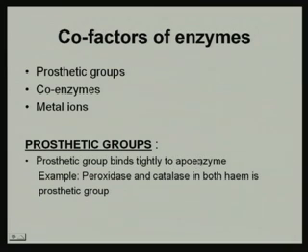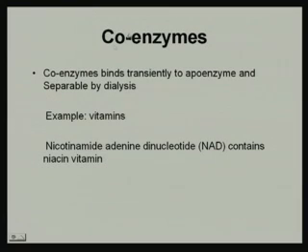Apoenzyme means the proteinaceous part of the enzyme. Coenzymes are bound transiently to apoenzyme and they are separable by dialysis. An example is a vitamin derivative, nicotinamide adenine dinucleotide, that is NAD, which contains niacin as the vitamin.